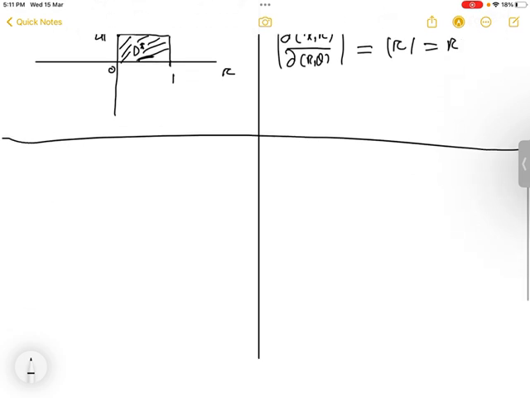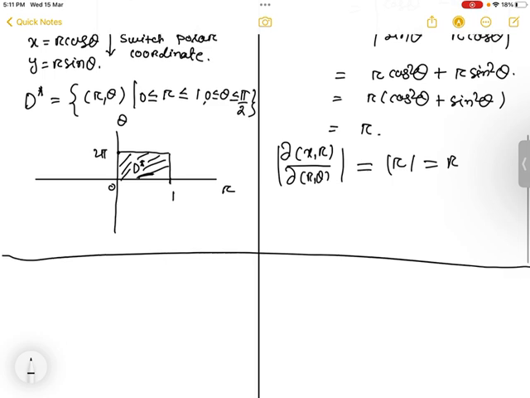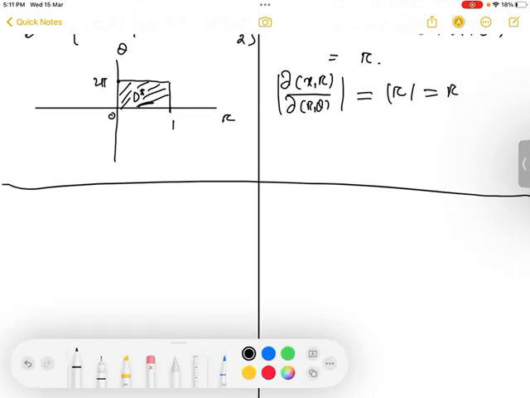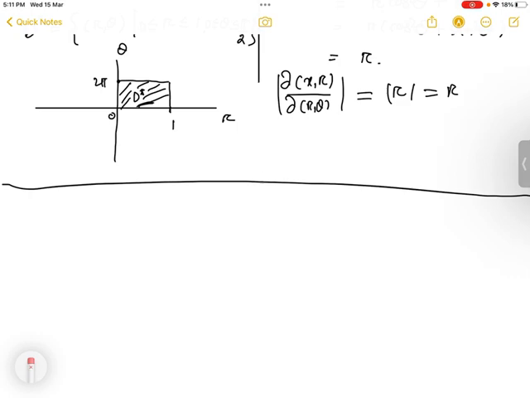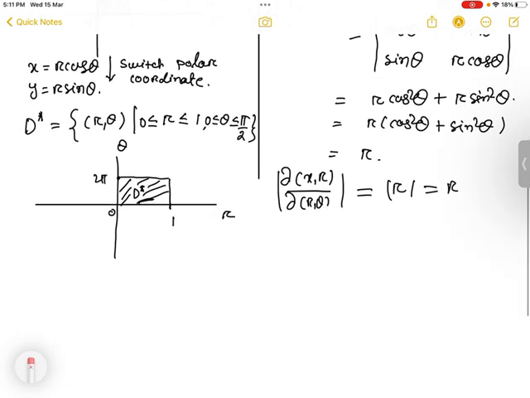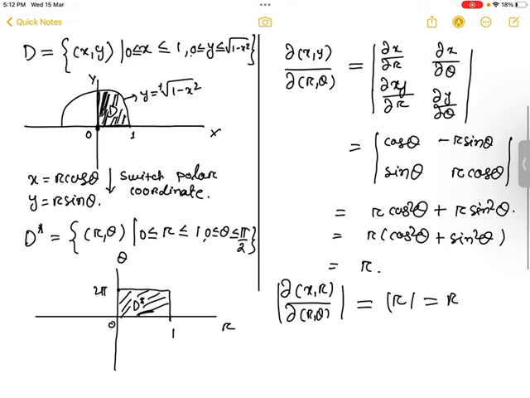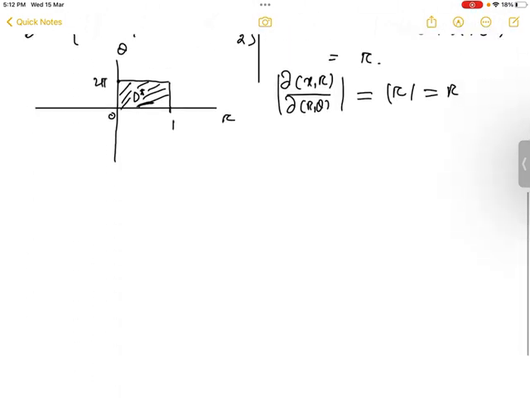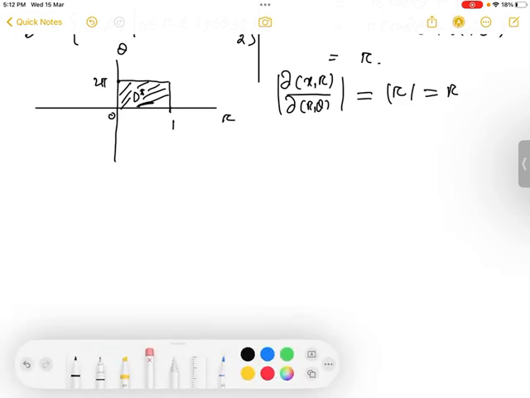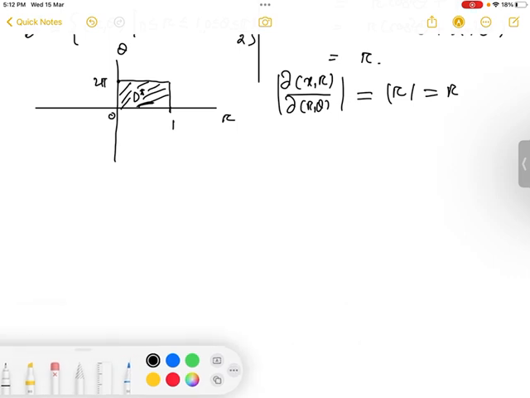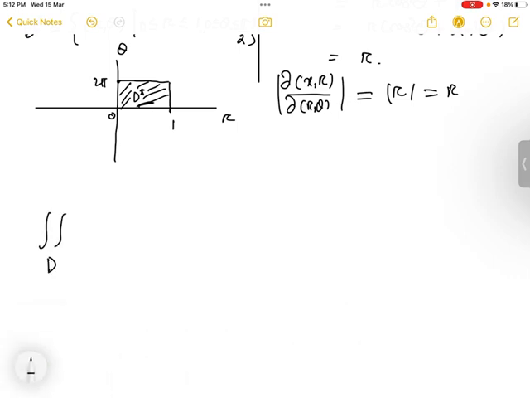Okay, now you got it, so our final integral becomes the integration over D of x square plus y square dx dy, which is the same as integration over D star.